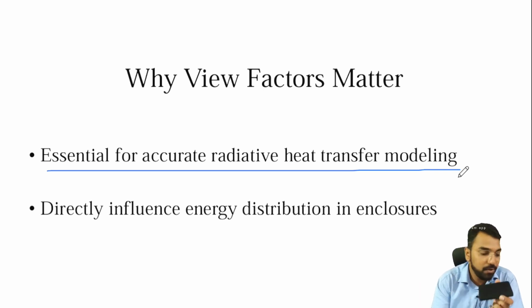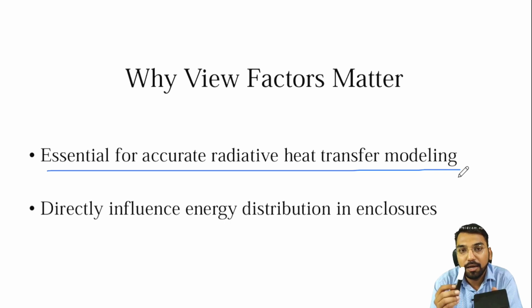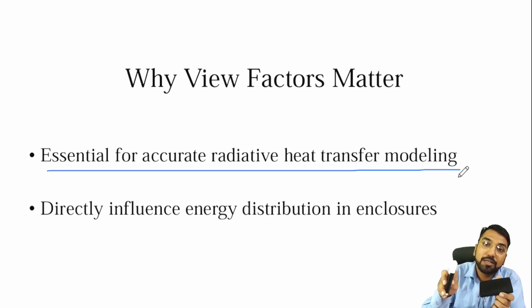But if I put this object, having a smaller surface area than this, and in some orientation, then what amount of heat energy is going to transfer from this object to this object for only this small surface area?